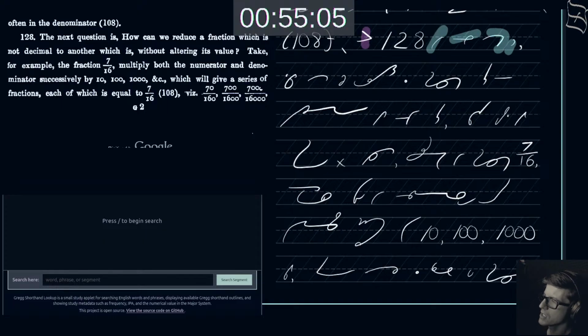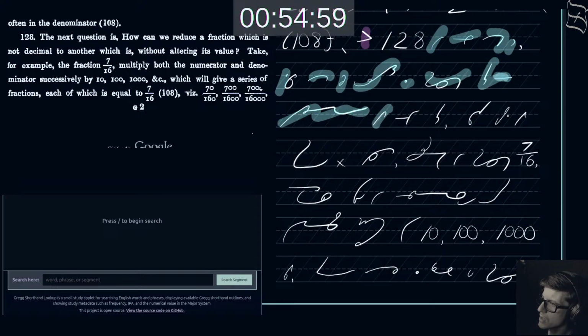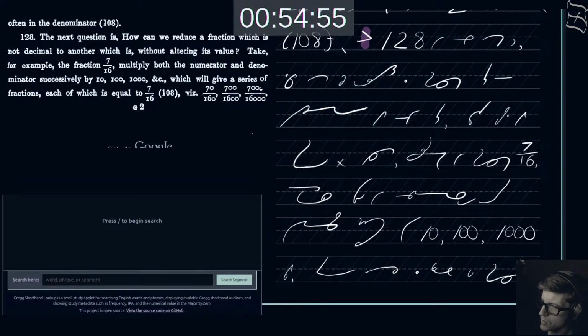The next question is, how can we reduce a fraction which is in decimal to another which is without, to another which is without altering its value?